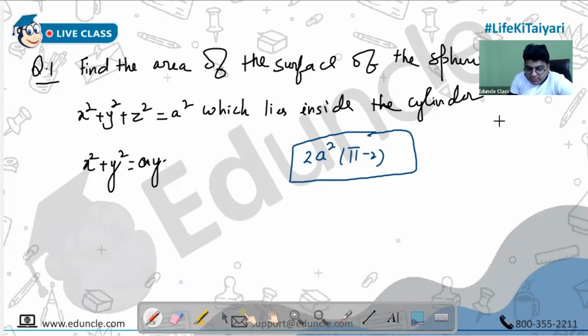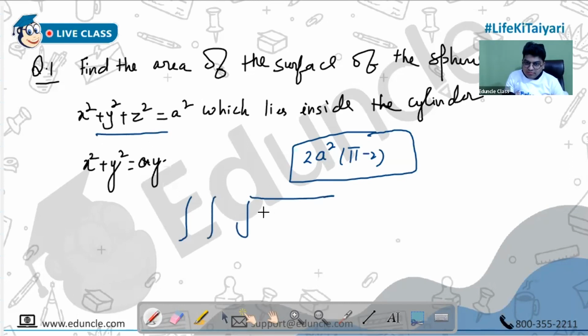Find the surface area of the sphere which lies inside the cylinder. The cylinder is just a circle, x square plus y square equals ay. First of all, you have to find the surface area: 1 plus del z by del x whole square. Del z by del x, from z square, is minus x by z also.